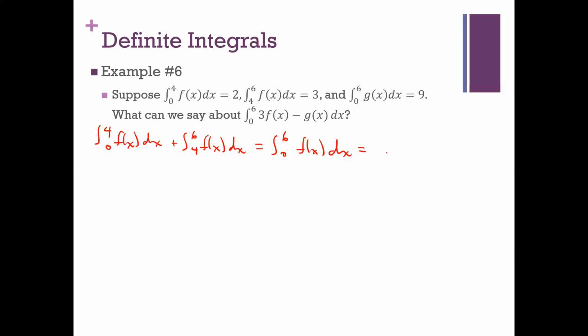And that's equal to what? Equal to 2 plus 3, which is equal to 5. So are we okay with this idea? The integral from 0 to 6 of f is 5? Okay. So clearly the thing I want to answer has to do with that interval, so that was a good move. What else can we say?